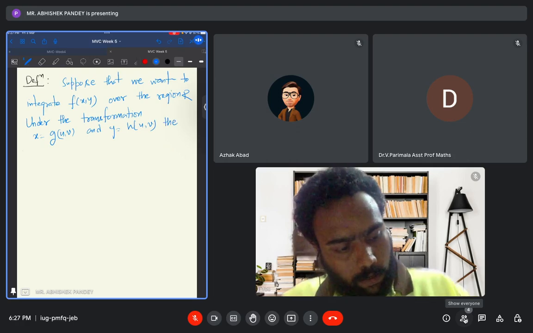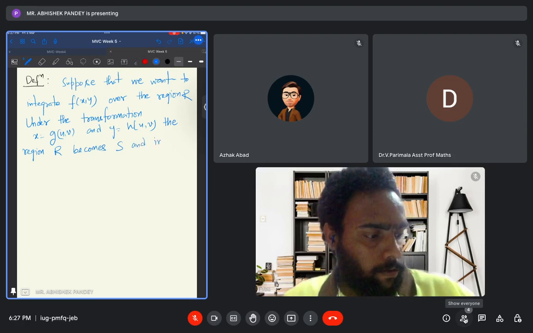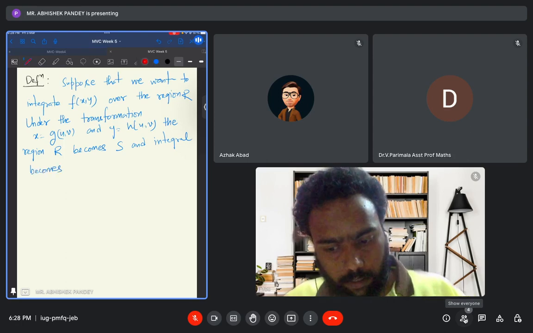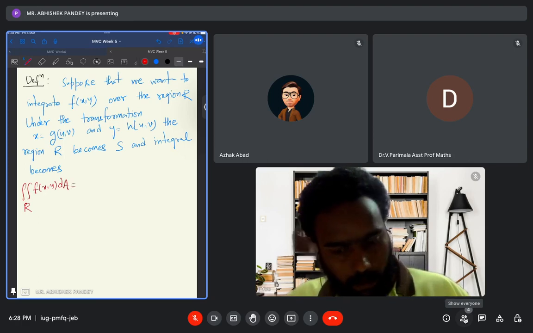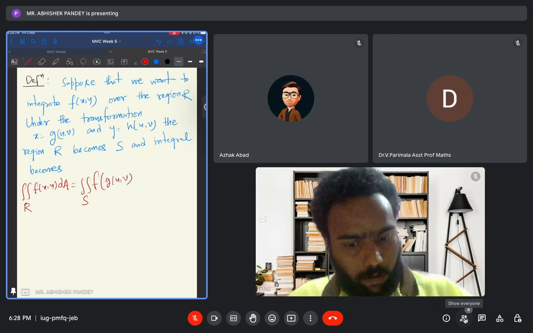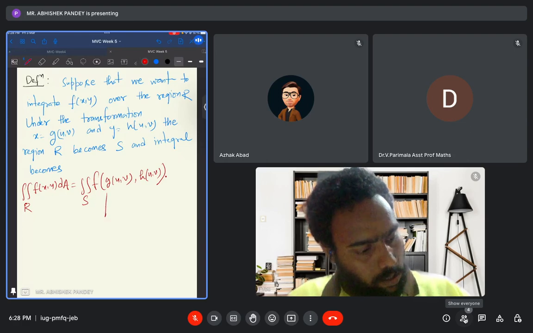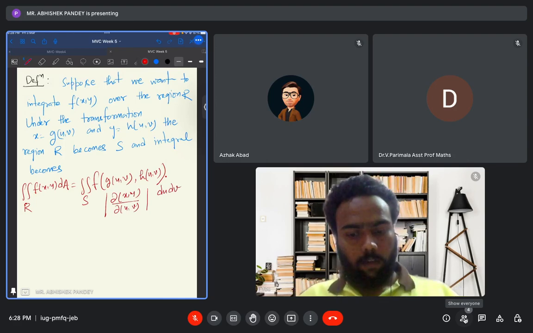The region R becomes some region, say S, and the integral of f dA over R is nothing but the integral over S of f of g(u,v), h(u,v) into the determinant of the Jacobian of the transformation, du dv. So this is your general formula.